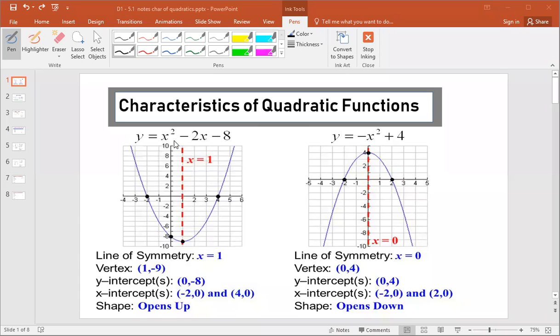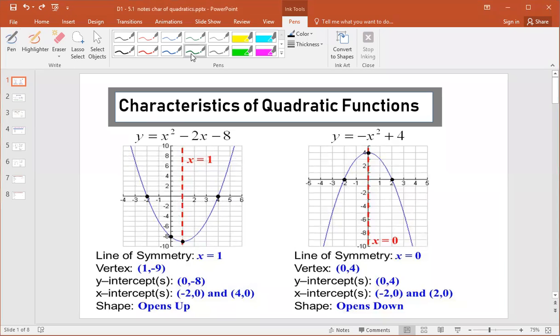And here we have drawn a graph. You can see that it has this really nice parabola here. You can see that it has x-intercepts, it has a y-intercept, and down here at the very bottom where it makes a turn, this is where it has the vertex. So the vertex is located right here at the bottom.